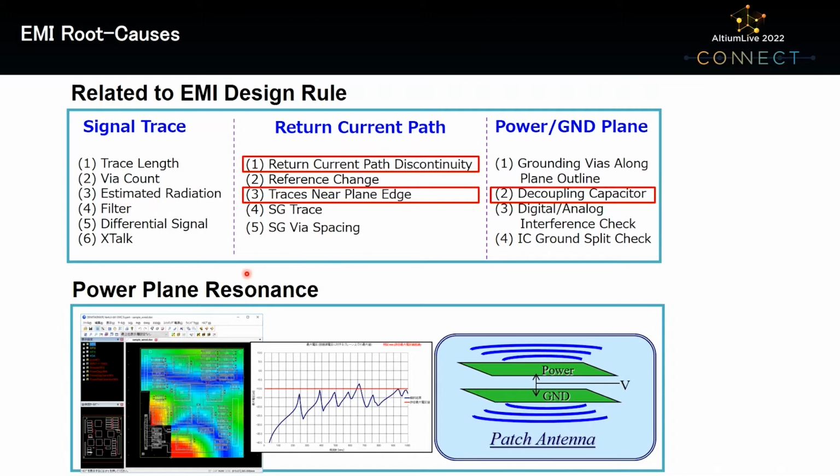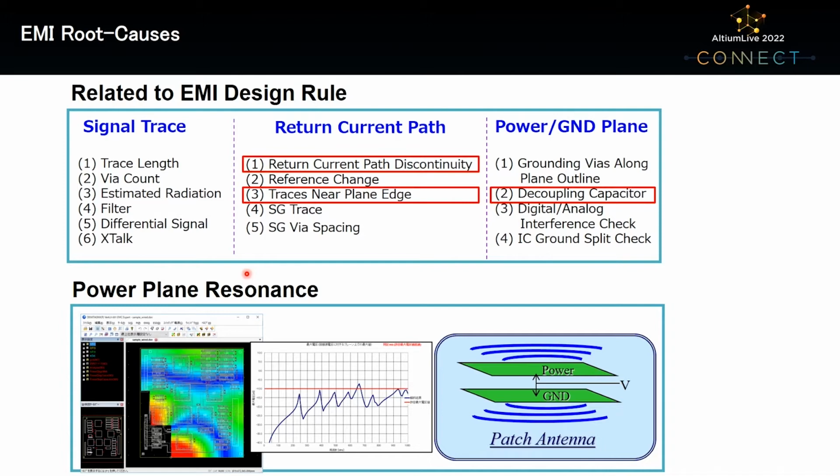So far, I have explained the impact of the far field caused by return current path discontinuity and traces near plane edge, and the basic knowledge of decoupling capacitor. High-speed signal required a continuous return current path.